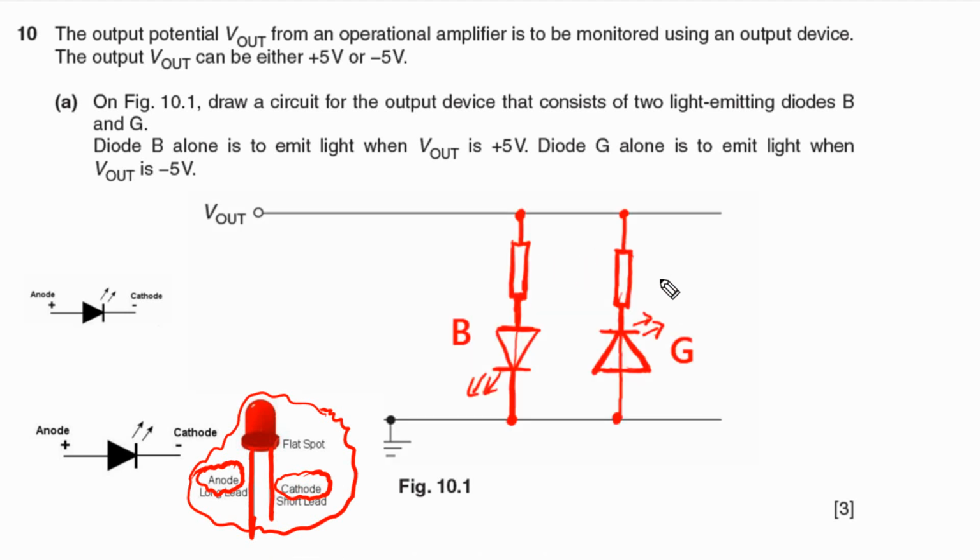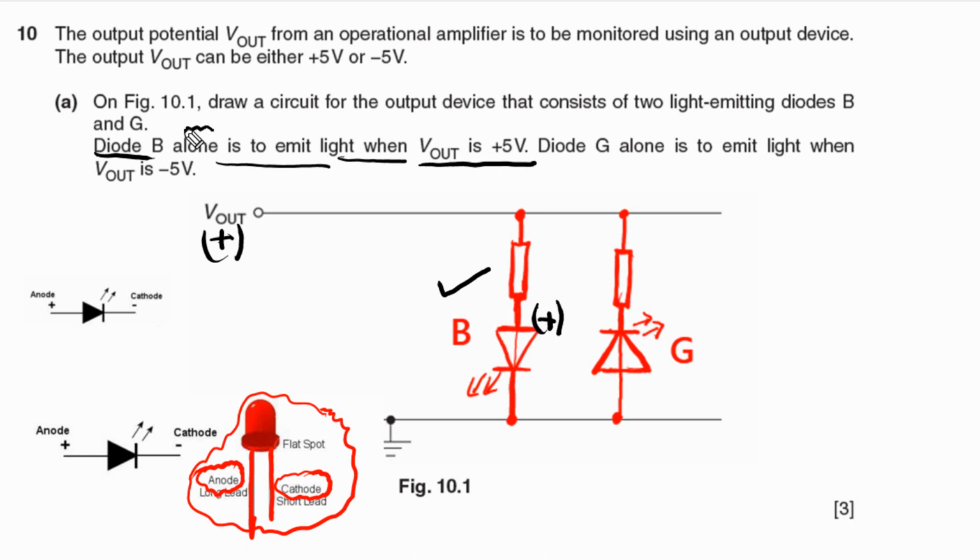As you can see here, I have already drawn this circuit, so let me explain it so you can have a better understanding. For diode B, it was given that diode B has to emit light when V out is positive 5 volts. When V out is positive, you can see that the positive end of the LED is connected with V out positive, so this one will be conducting, meaning this LED will be on.